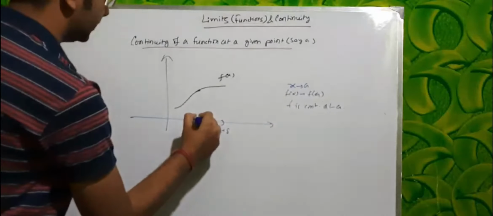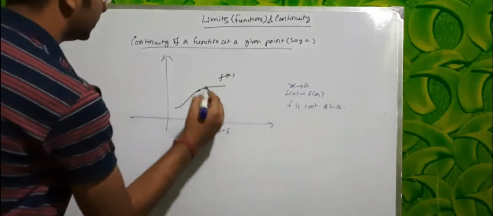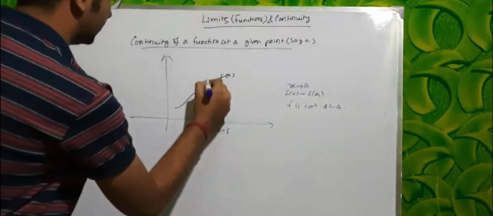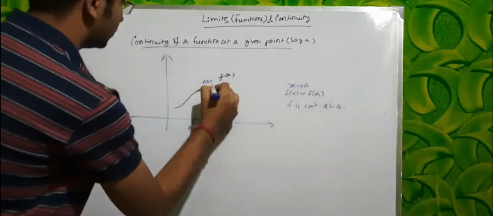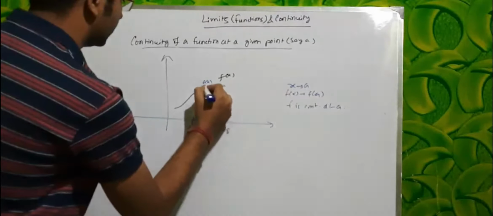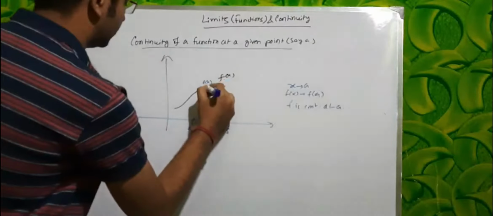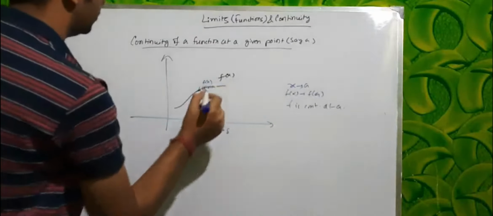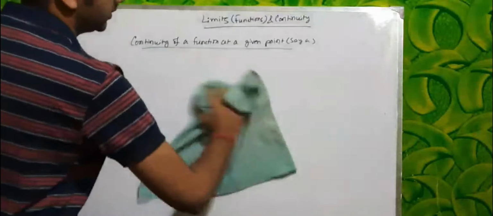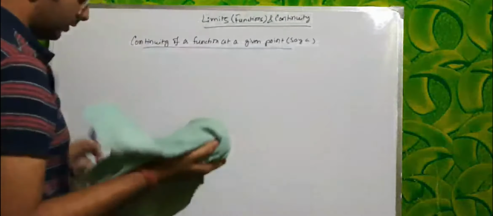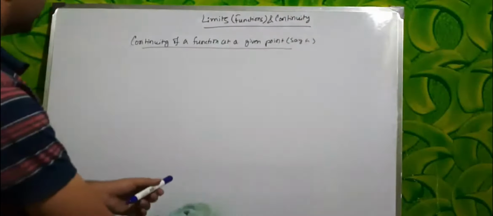As this interval gets smaller and smaller, and here is f(a), the functional value should be approaching f(a). It must be getting closer and closer to f(a). That is the graphical concept of f(x) tending to f(a).